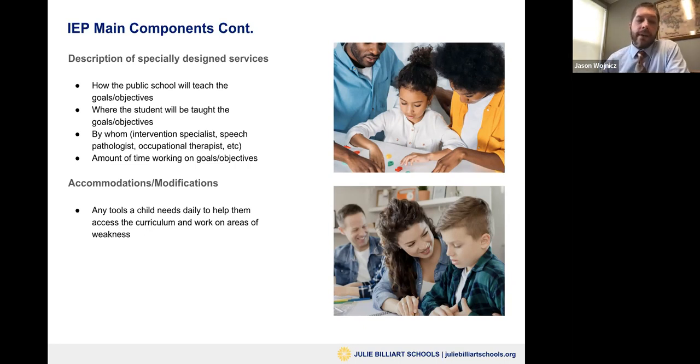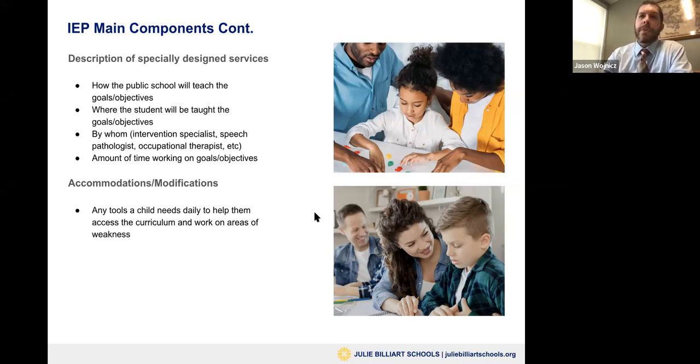And so the idea of having a calculator as an accommodation is certainly a viable accommodation for them. Small group instruction is often an important accommodation for students. Being able to have that closer proximity with teachers during their instruction is a vital accommodation for a lot of students.